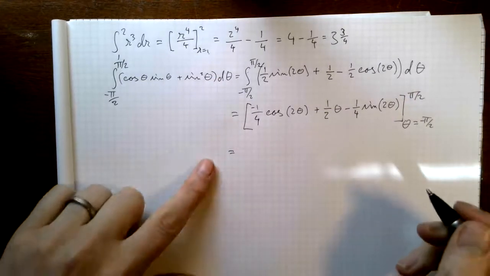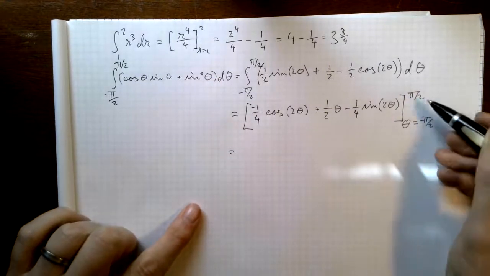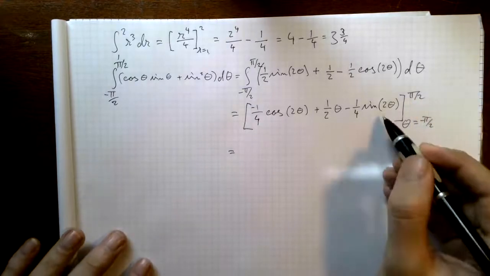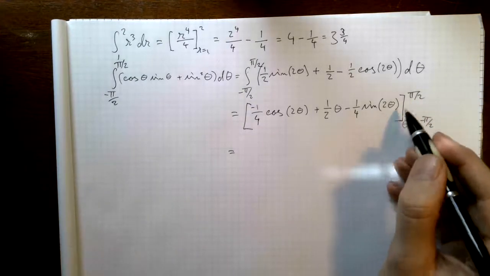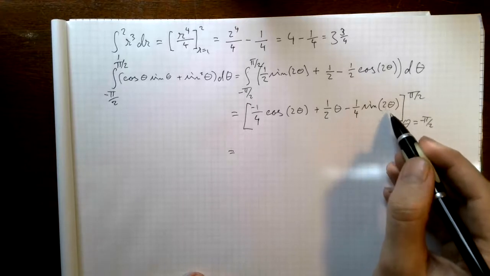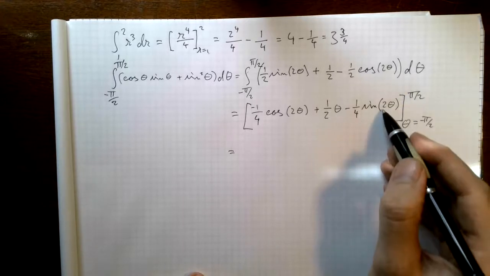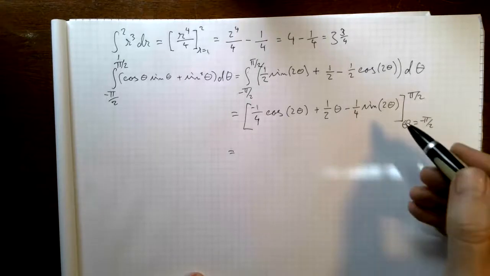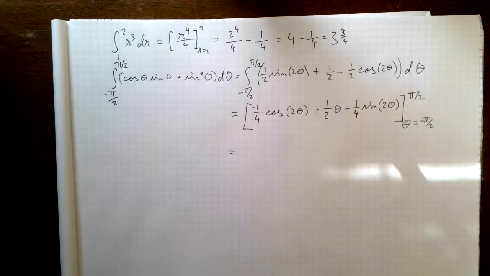So if I'm plugging in pi over 2 into the sine, that just disappears, because pi over 2, I multiply by 2, so I'm plugging in pi and minus pi, and sine is 0 at all multiples of pi.